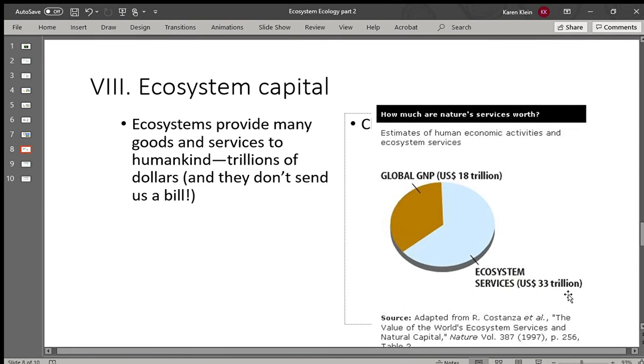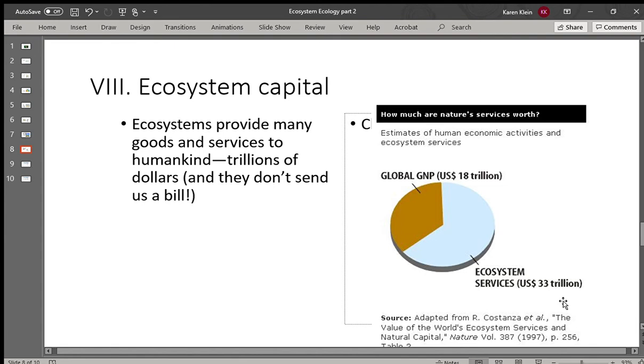So some other bits and pieces as far as ecosystems and ecosystem ecology is that healthy ecosystems are what make the planet function as a whole. And where you have a problem is if an ecosystem becomes disrupted or becomes non-functioning, or at least sick, functioning in a bad way.